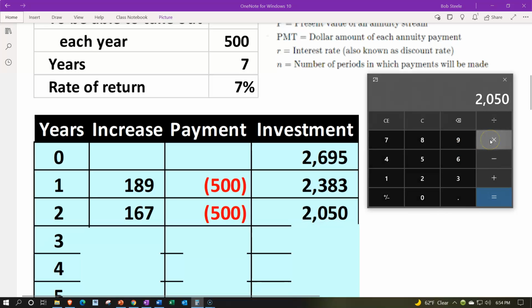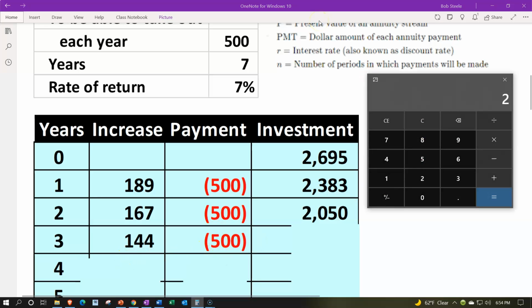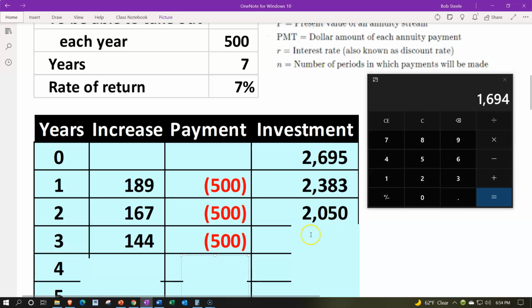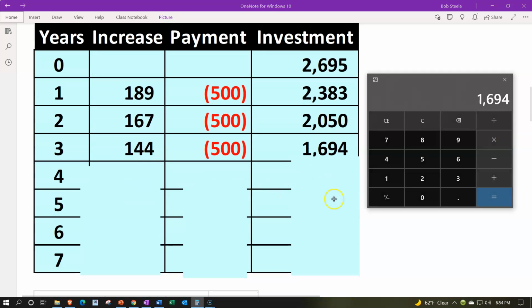We're going to take that times the 0.07. We're going to get about then the 144. We're taking out another 500. So we've got now the 2,050 plus we earned 144 minus we're going to take out another 500. And that's going to bring us down to the 1,694. And then we'll do it again times 0.07.